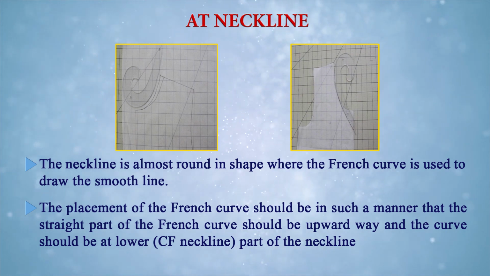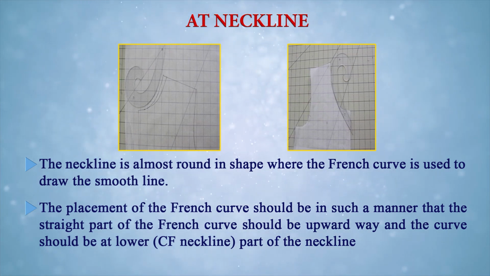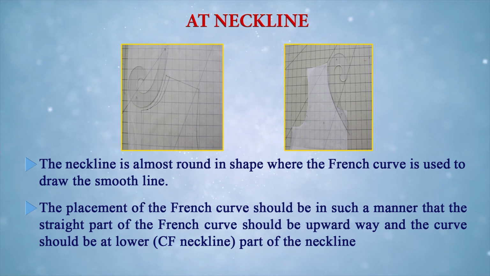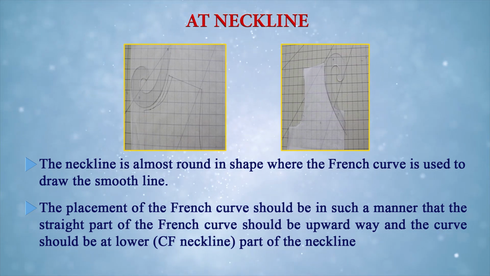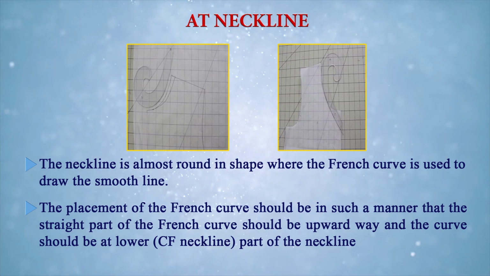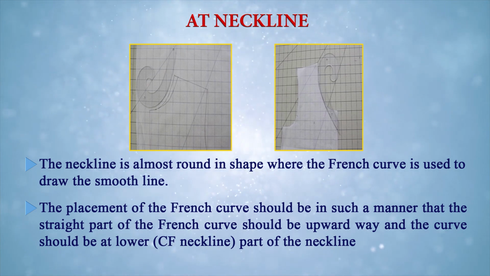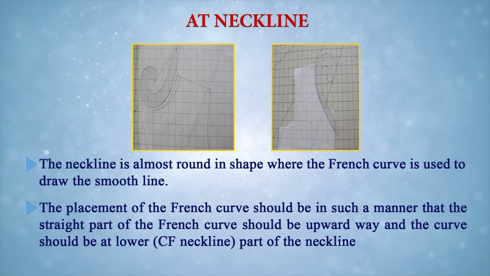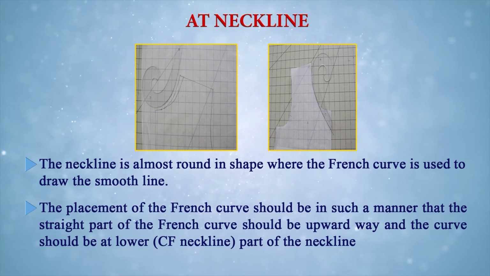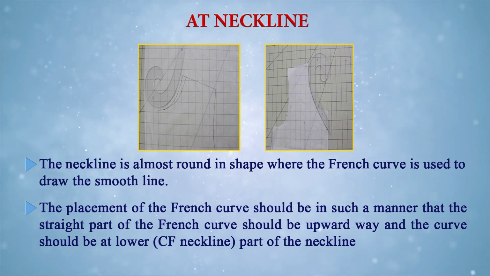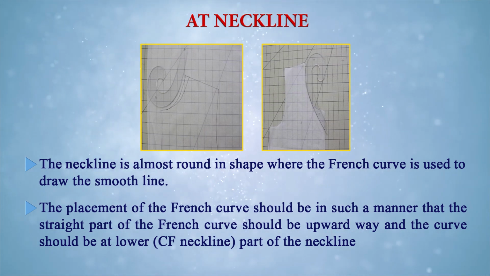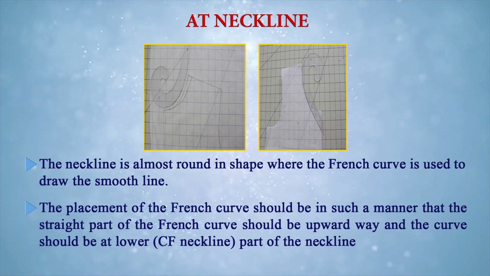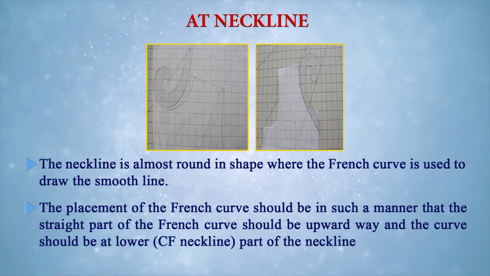So from this image it is clear that if we have the round part on the lower part of the pattern and the long part at the upper side, then we use this French curve to create a good round shape on the neckline.